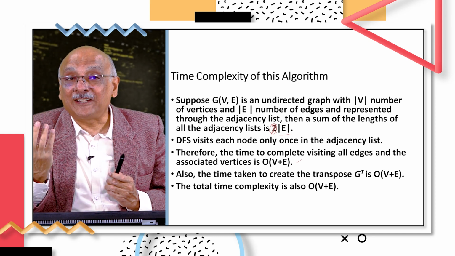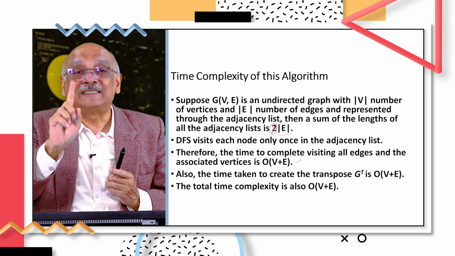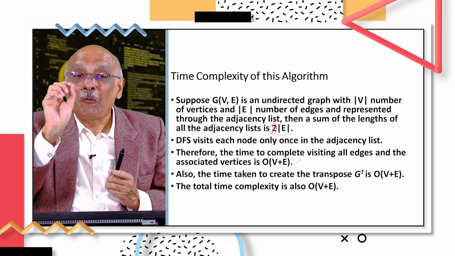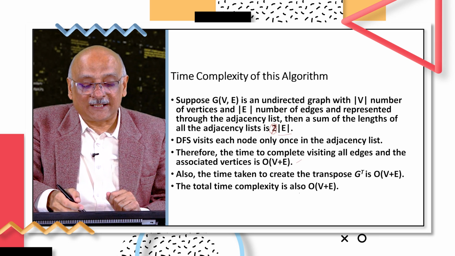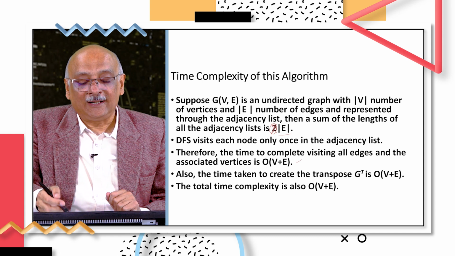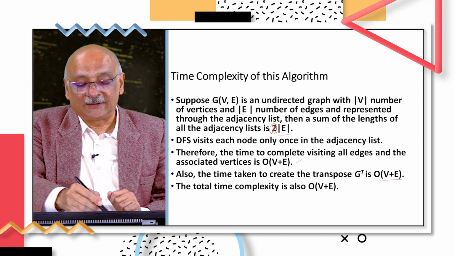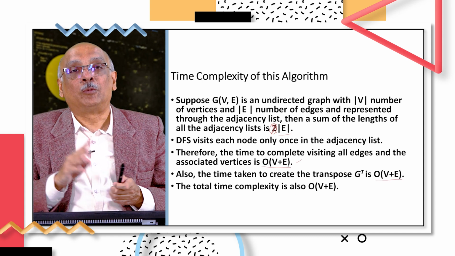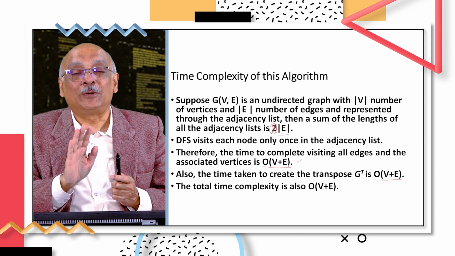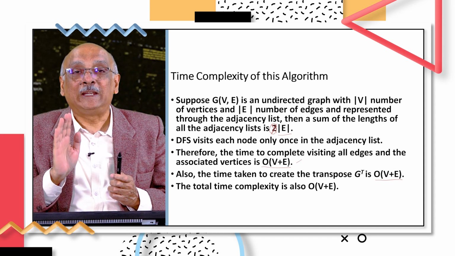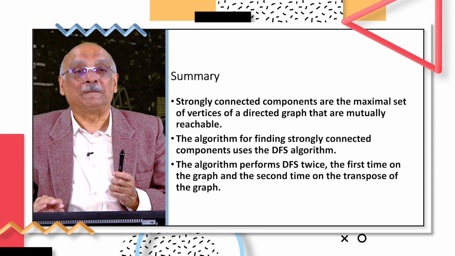Because it is a directed graph, edges occur only once. So the total time complexity is also order V plus E, for both the steps. So this overall order is going to be order V plus E only.